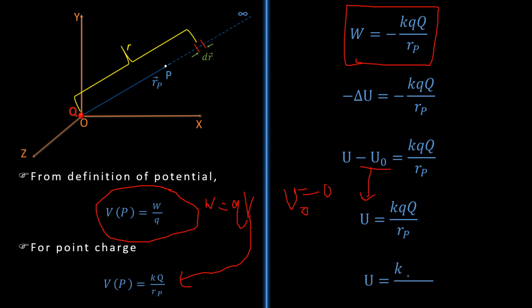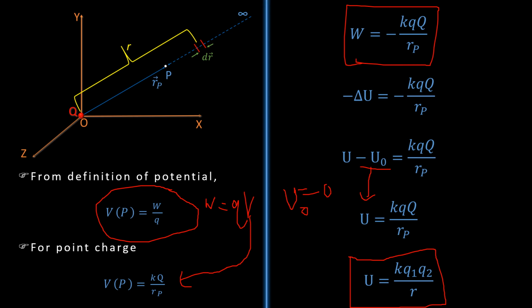So in general, we can say that for any two charges Q1 and Q2 separated by distance r, potential energy can be given as kQ1Q2 by r. And what if the charges are both negative? kQ1Q2 by r. What if one is positive, other one is negative? In that case, the potential energy is minus kQ1Q2 by r.